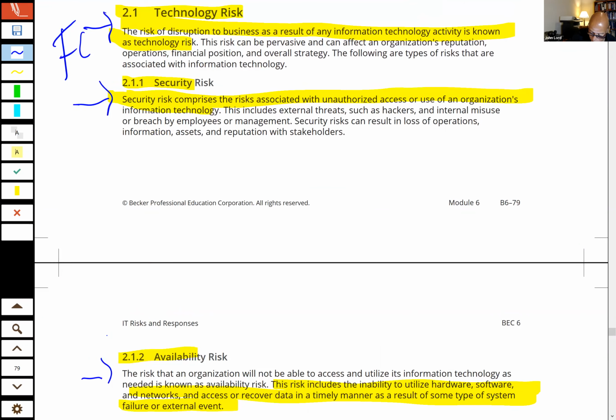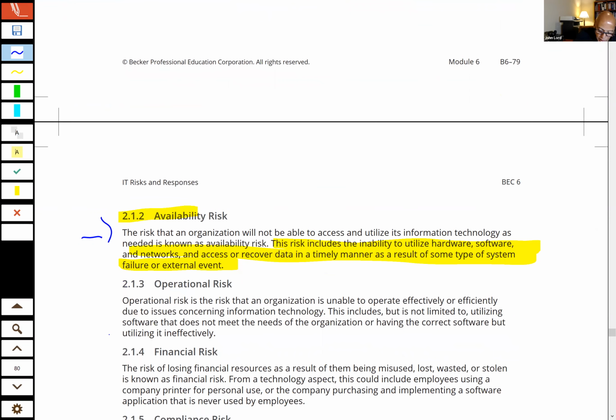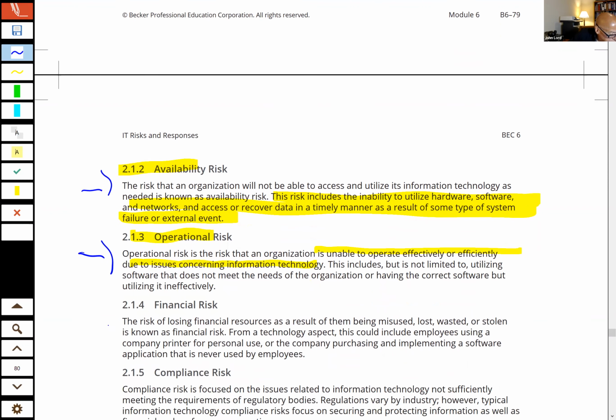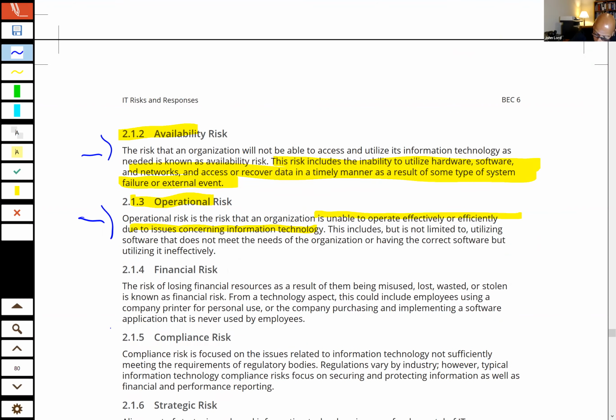Operational risk is the risk that the entity will not be able to operate effectively or efficiently due to the information technology. We have some sort of problem, disruption, now we can't operate. That's our operational risk. Okay, financial risk coming down is this financial risk.